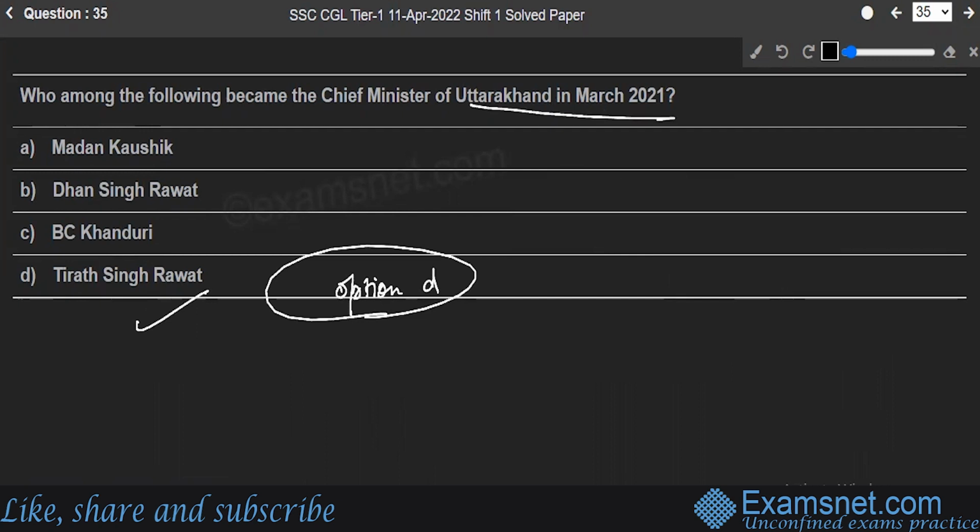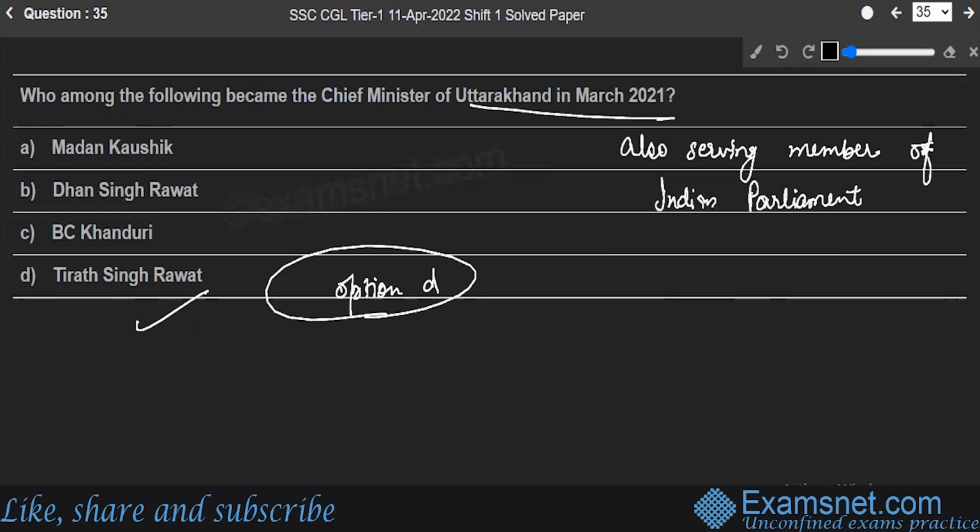He's a former Chief Minister of Uttarakhand and also a serving member of the Indian Parliament. In the 2019 Indian general election, he was elected to the 17th Lok Sabha from the Garhwal constituency as a member of the Bharatiya Janata Party.